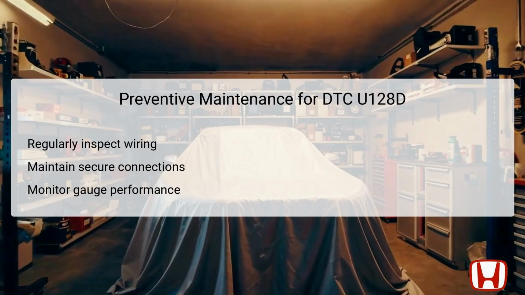Ensure that all connectors are clean and properly seated whenever conducting maintenance or repairs. Additionally, keeping an eye on gauge performance can help identify potential issues before they escalate into serious problems. Early detection through monitoring allows for timely intervention, minimizing the risks of DTCs associated with communication failures.